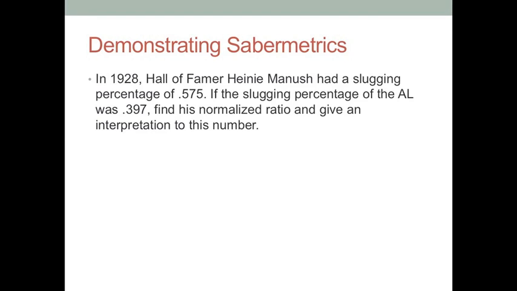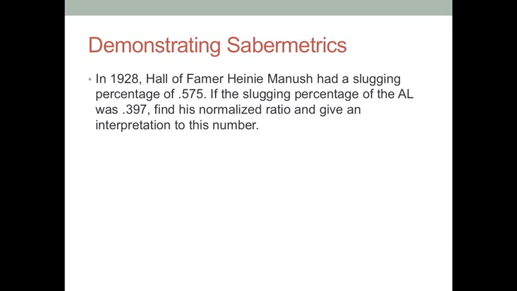We're going to go through some other examples here. 1928, Hall of Famer Heinie Manush had a slugging percentage of .575. If the slugging percentage of the American League was .397, find his normalized ratio and give an interpretation to this number.